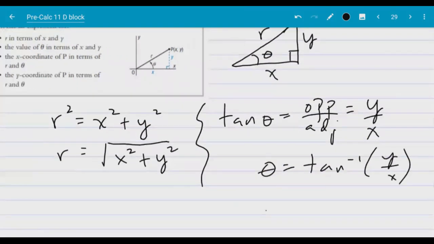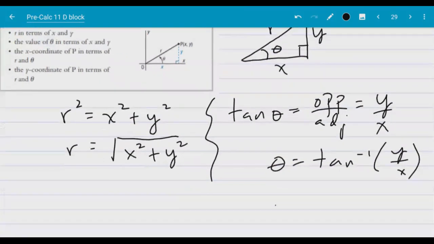What about the x-coordinate of P in terms of r and theta? Okay, so let's try to figure that out. The x-coordinate of P, and P is over here. So we're looking at the x-coordinate, which is just that one. What would be the x value or the x-coordinate? Let's try to think about what we can get here.